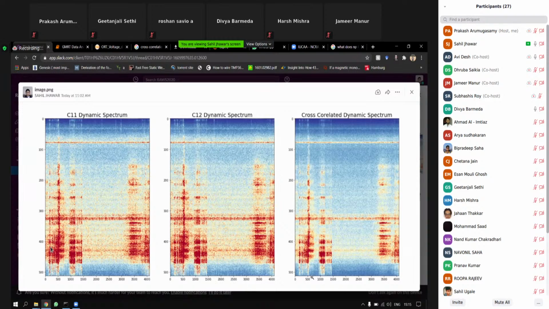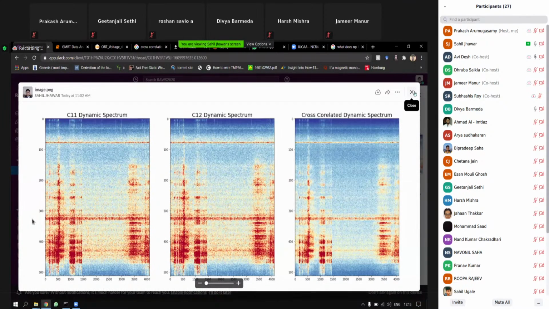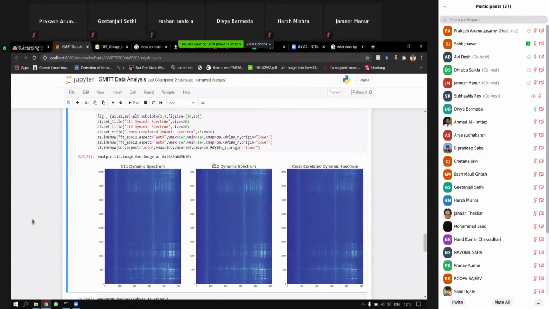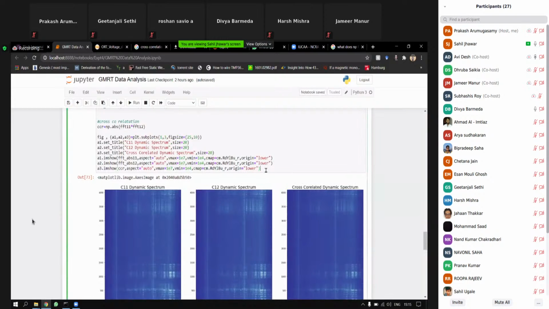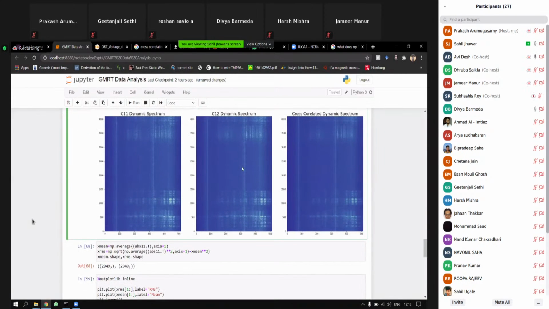This is the same plot which I received right now, but ma'am said that this plot was looking okay, but the problem was with the axis. Correct, I think we just sorted that out. Two things we identified: the frequency axis, and we shifted the origin so that the sense of the increasing frequency is rightly represented.